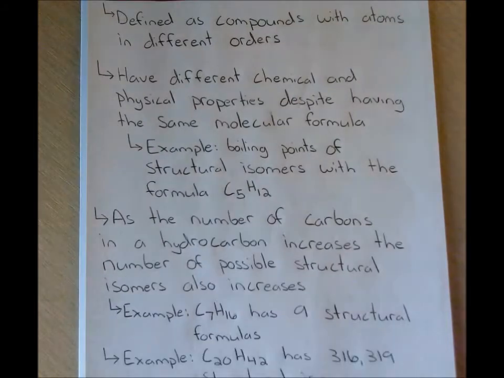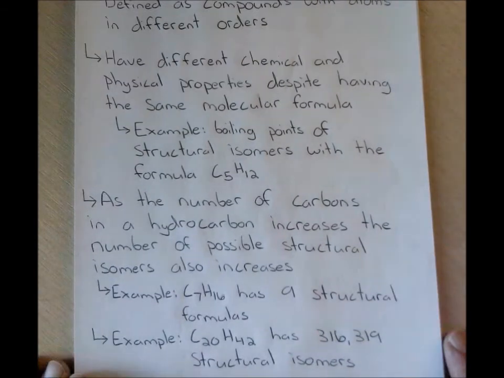So as you can see, the possibilities are almost endless in terms of structural isomers and how many different variations we can have. Another thing to remember with structural isomers is that those first 3 examples that were shown on page 1 are perfect examples of structural isomers.